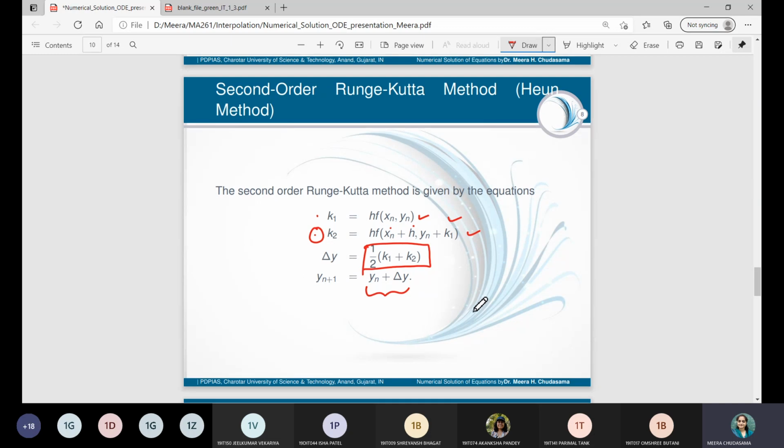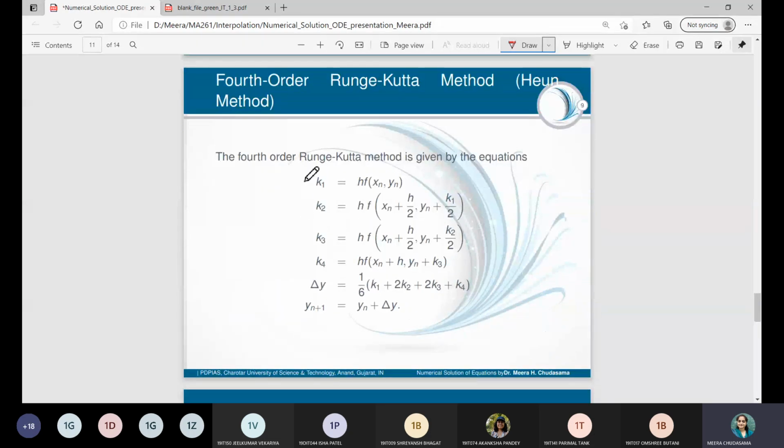delta y, right? After that, in the fourth order, there will be four terms involved, k1, k2, k3, k4, which are given by this. K1 is nothing but the Euler's method increment. Then k2 is h times the function value at xn plus h by 2, yn plus k1 by 2. In k3, the x coordinate remains the same, but in the y coordinate, k1 is replaced by k2. In k4, we have f at xn plus h and yn plus k3.